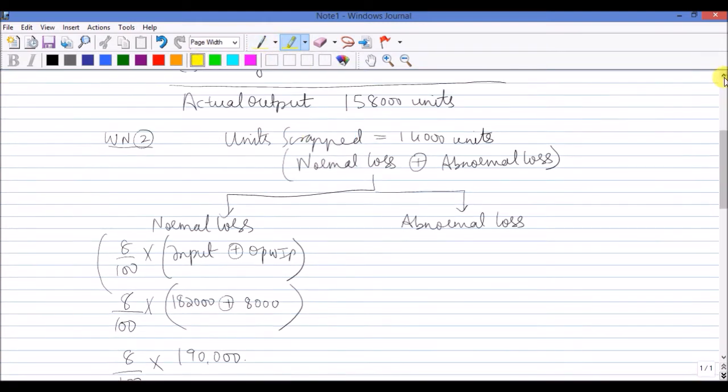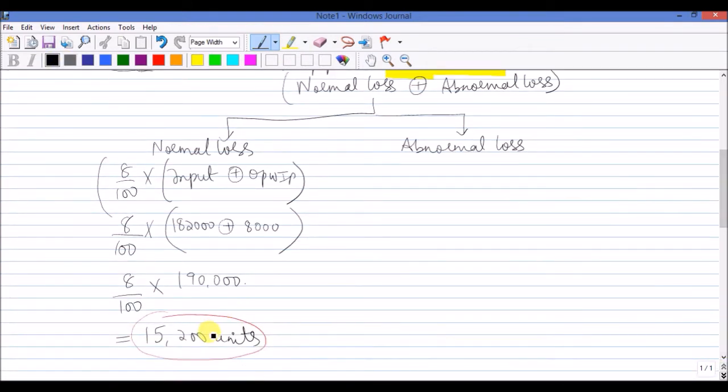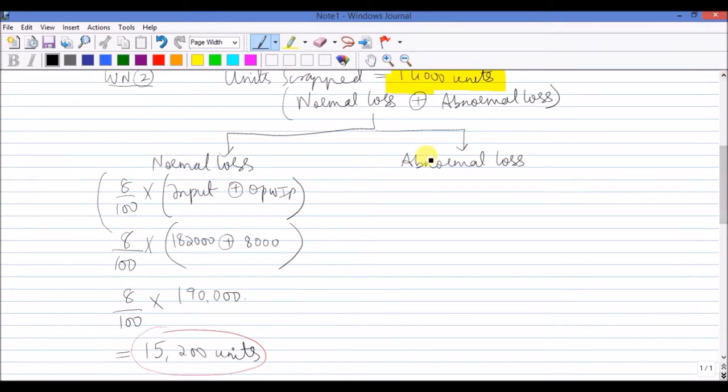Sorry for the trouble. See friends, 14,000 units are scrapped, and 15,200 is the normal loss. So friends, there is no abnormal loss in it.